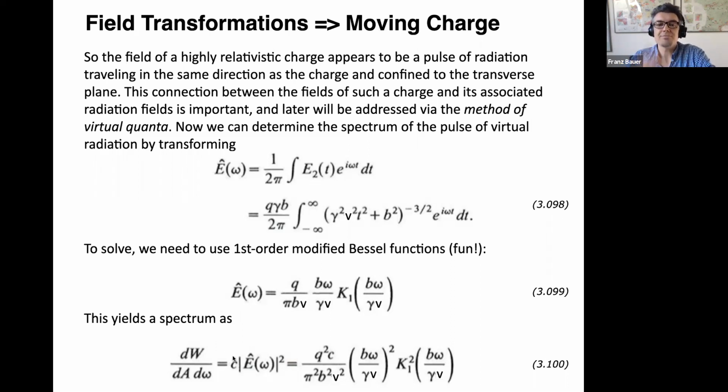This is just the, I'm blanking on the term now, the Poynting flux. So this Poynting flux, if we just square this thing, gives us this. So we have lots of constants, this pseudo variable here, which is the frequency divided by the speed, and the impact parameter squared, and then the Bessel function squared.